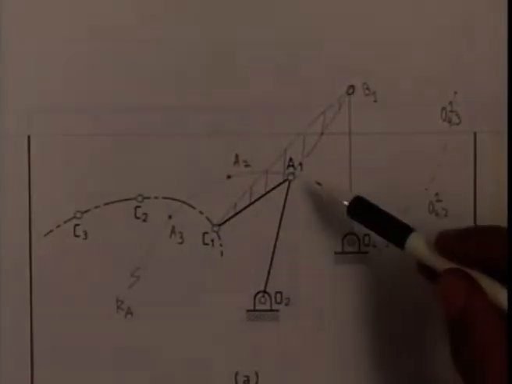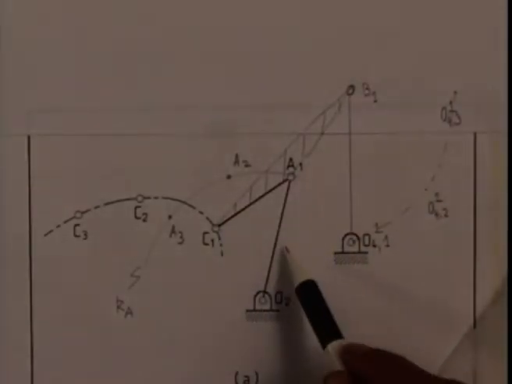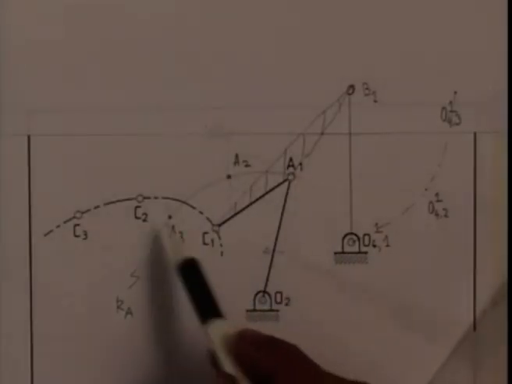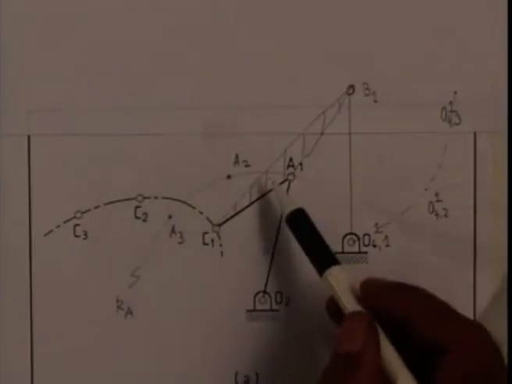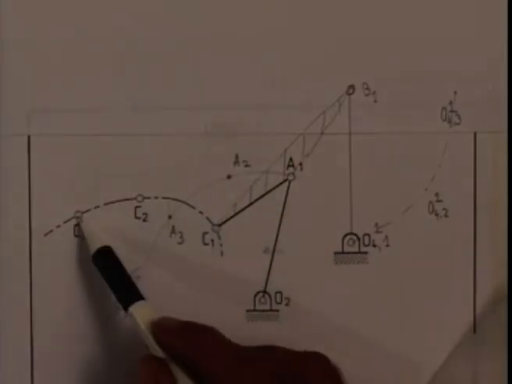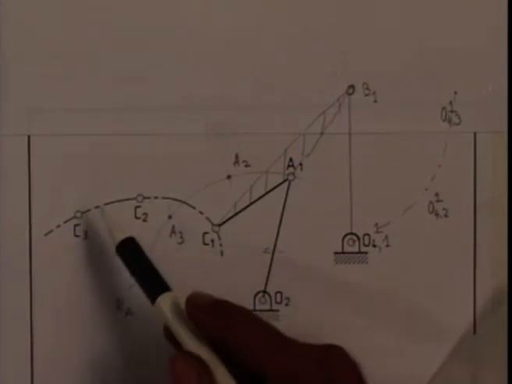So O2, A1, B1, O4 with C1 as the coupler point, and if this linkage moves as A1 goes to A2, C1 will take up the position C2, and as A2 goes through A3, C1 will take up the position C3. So we have solved the problem of path generation with three accuracy points.